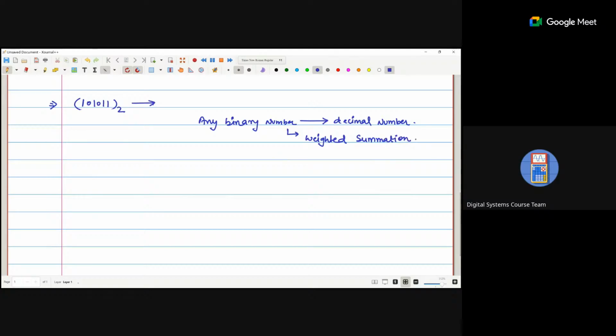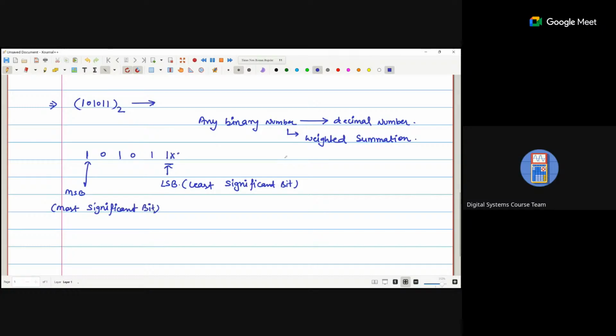What is the meaning of weighted summation? Take 101011. The rightmost bit is called the LSB, the least significant bit, and the leftmost one is called the MSB, the most significant bit.